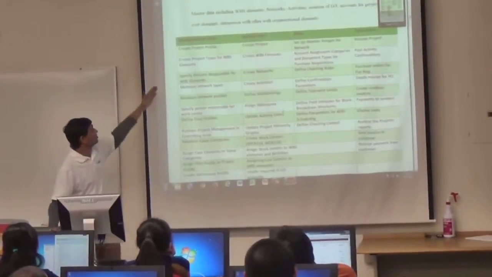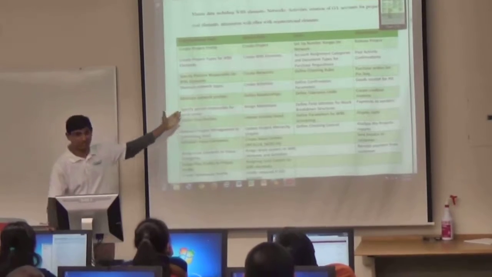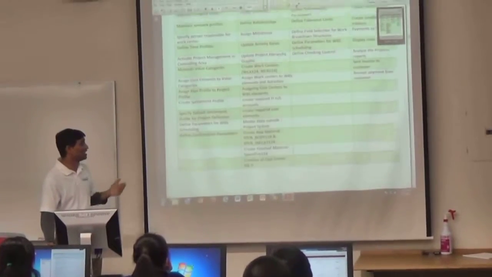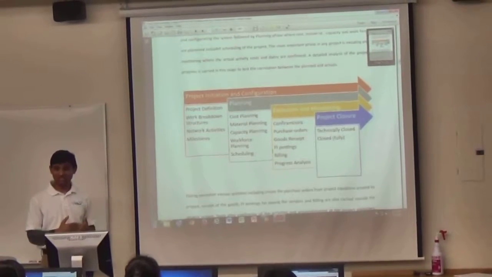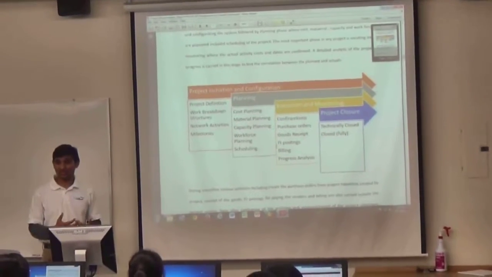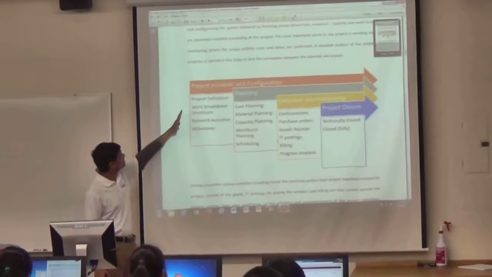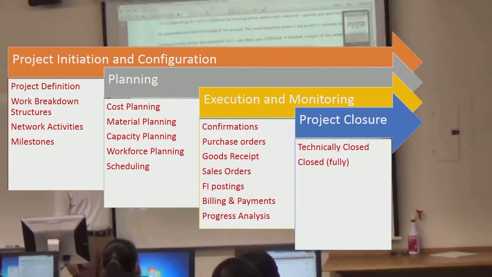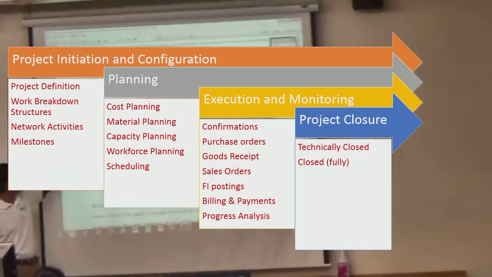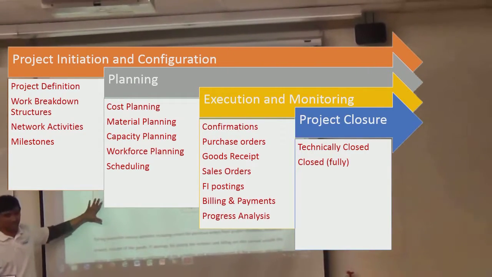So these are the organization data, master data, rules, and transactions involved in the project systems configuration. And this is the functional flow of the project system configuration in the SAP. The first one is the project initiation and configuration. You define the project by defining the master data in the project, including the work breakdown structures, networks, and activities.